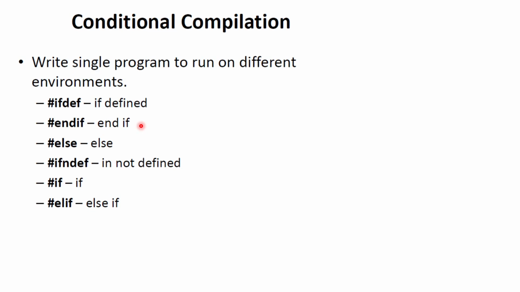Here conditional compilation will be important. Conditional compilation means based on some condition, some set of code will be compiled and some set of code will not get compiled although written within the program. Now how can we do this? We can do this by using preprocessor directives, where we have a lot of different types of preprocessing.